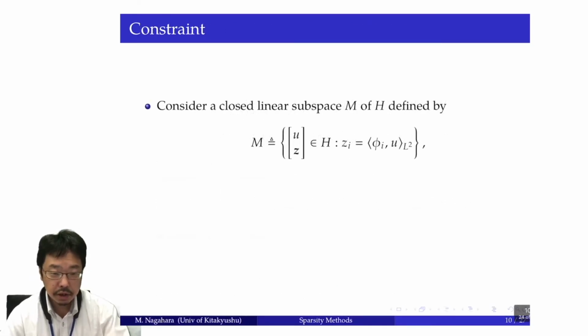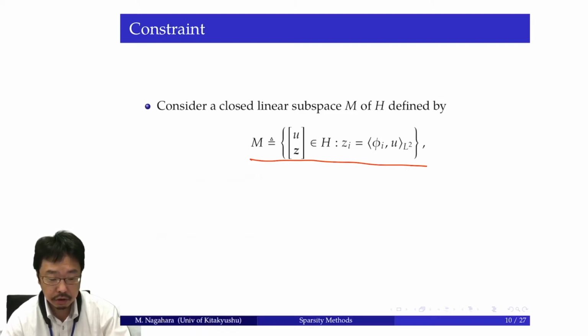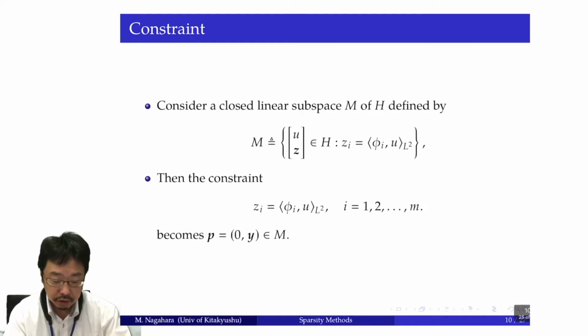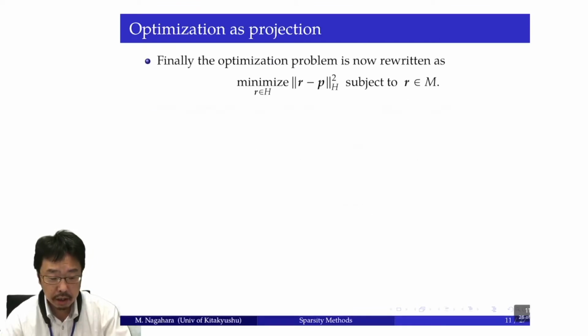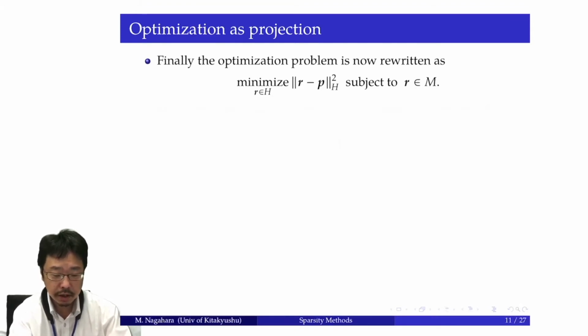Then let's consider the constraint. Let us define a closed linear subspace M of H by this. From this, the constraint zi is equal to the inner product of phi i and u becomes r in M. Finally, the optimization problem is now rewritten as this.